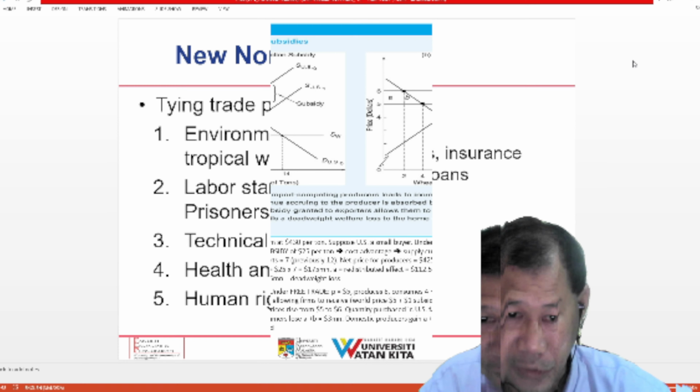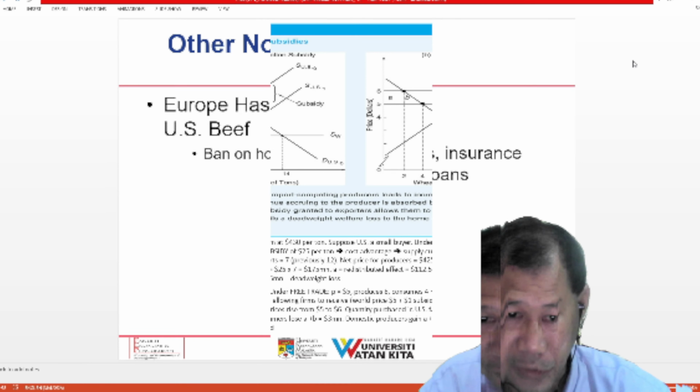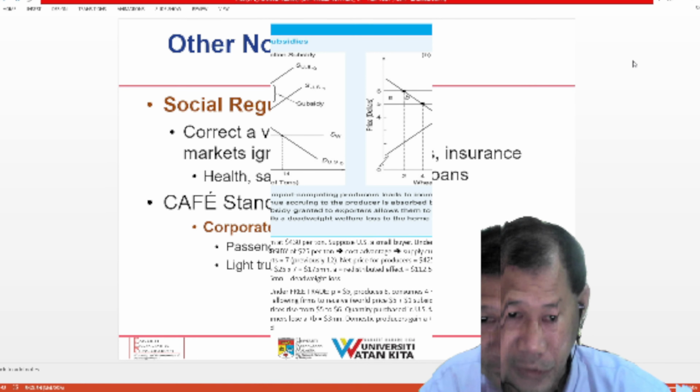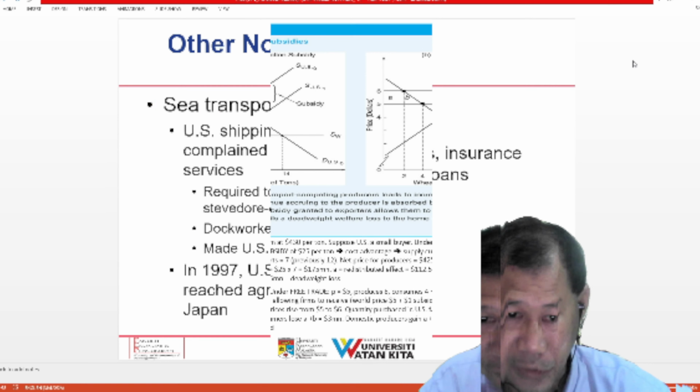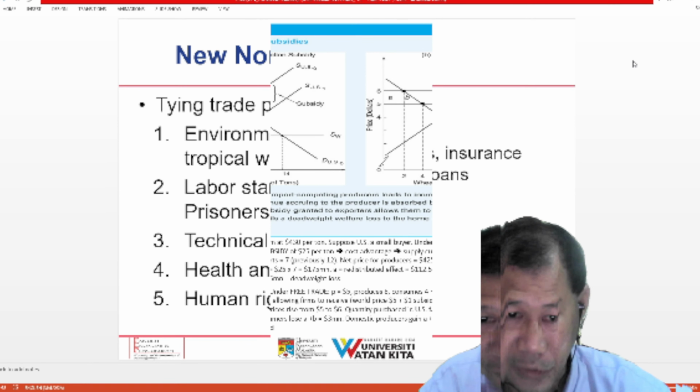They try to connect trade policy to non-trade issues, for example, environment, even though we discussed environment, health and safety here. This is the new non-tariff barrier: to connect the trade policy of a country to a non-trade issue, environment.